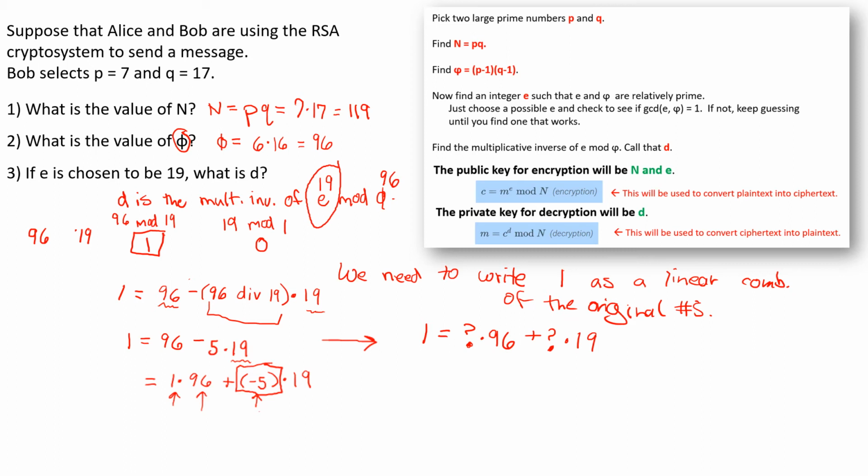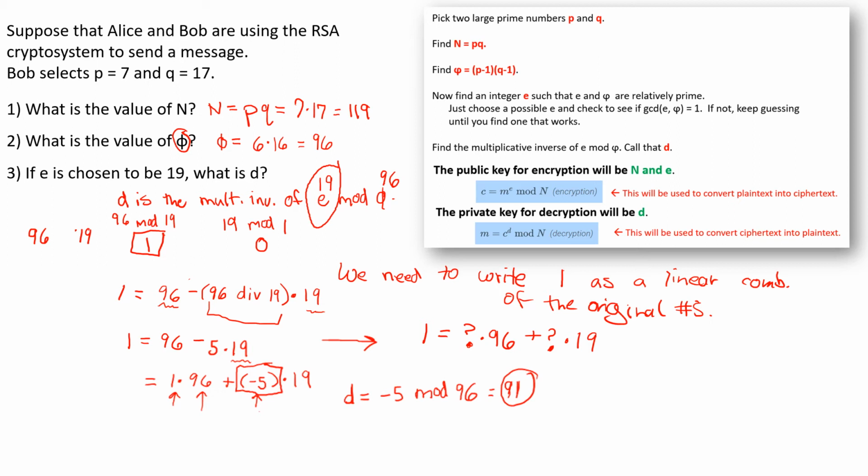So the one in front of 19 is our S. So our S is going to be a -5. So D, which is that multiplicative inverse, is going to be S mod n. And mod n was referring to the fact that we were finding the multiplicative inverse of something mod n.